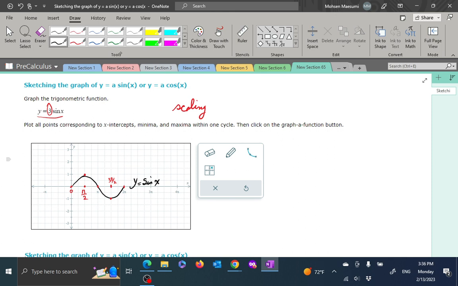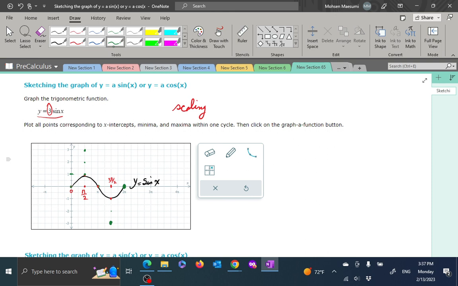Well, what if I take this thing multiplied by 3? So instead of reaching height of 1, I will of course reach height of 3. What if originally it was 0? 3 times 0 is still 0. 3 times this 0 is also 0. 3 times minus 1, minus 3. 3 times 0 is again 0.